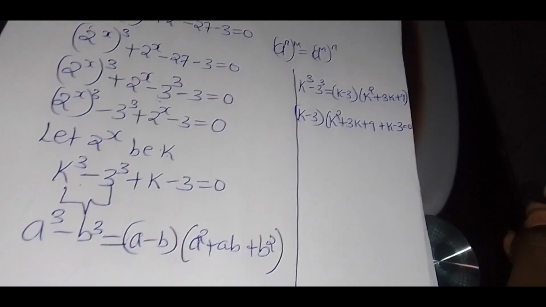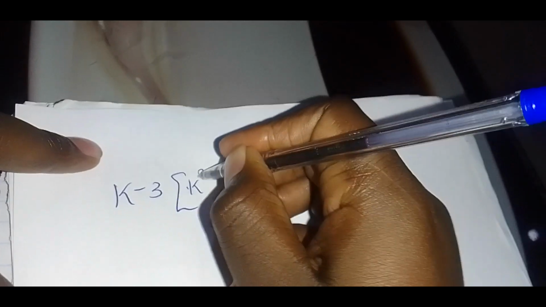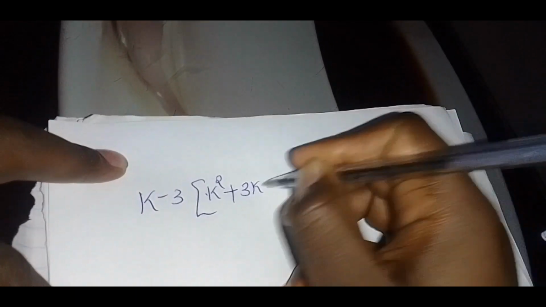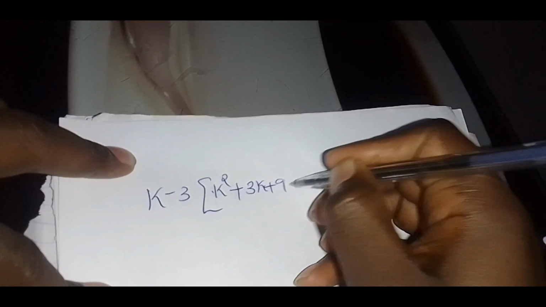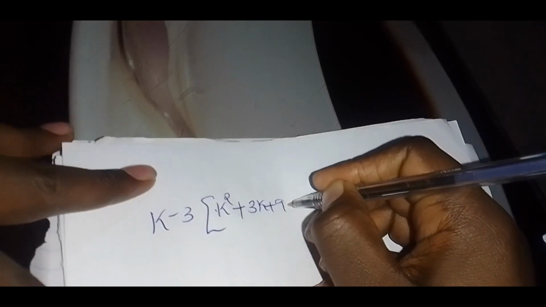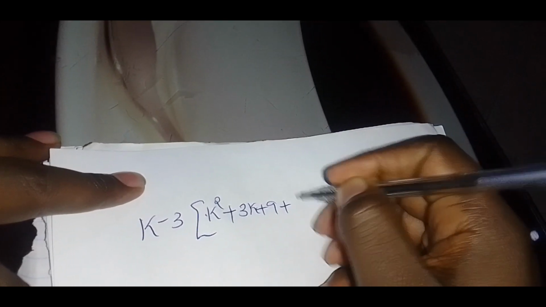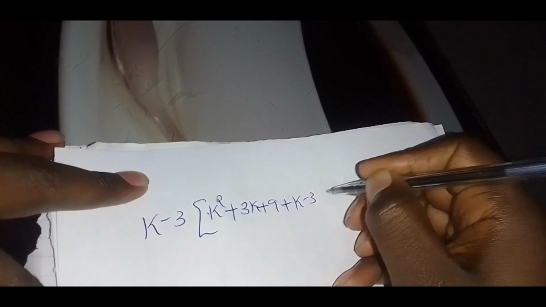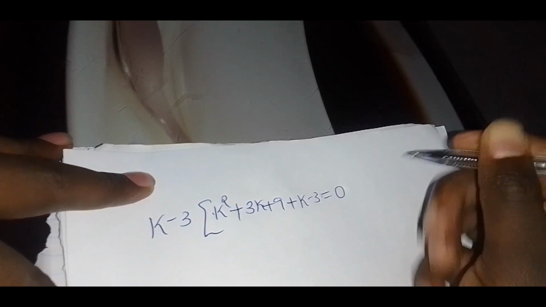So we'll proceed as follows: k minus 3, into the bracket k squared plus 3k plus 9, and remember here we have plus k minus 3, which is equal to 0.